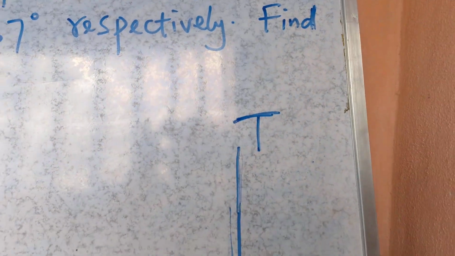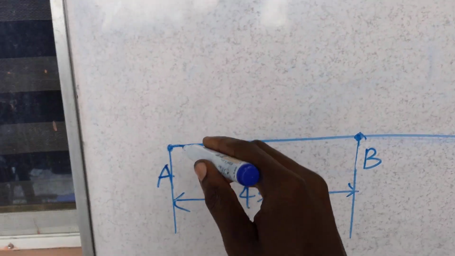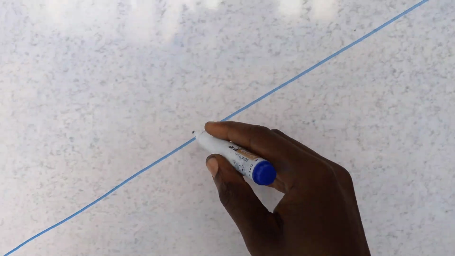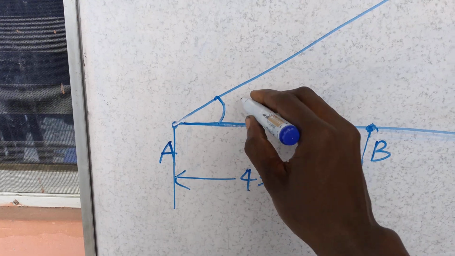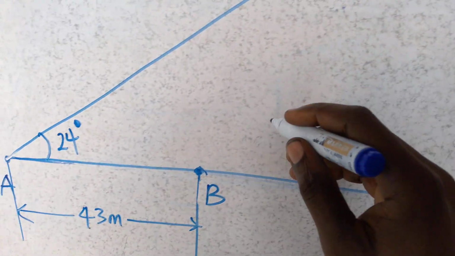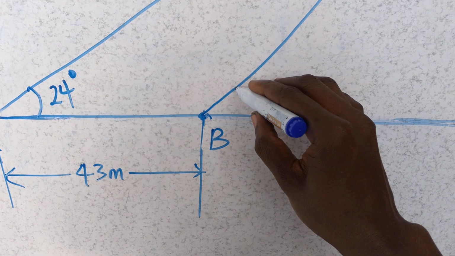So if this is the top of the pole, I can call it T. The angle of elevation of the top of the pole from point A is 24 degrees, and the angle of elevation of the top of the pole from point B is 37 degrees.